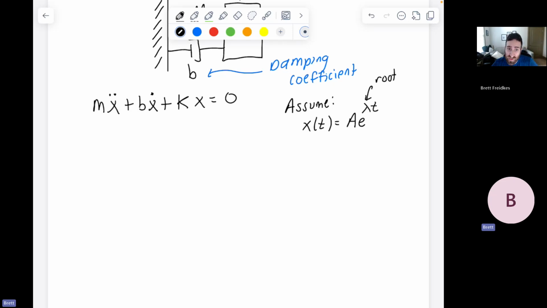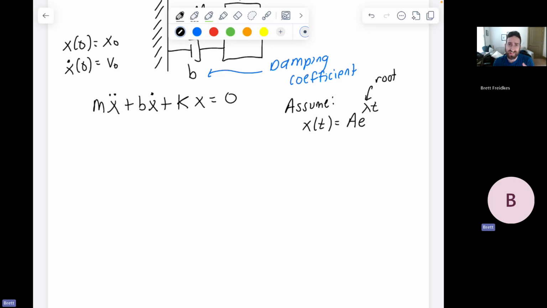And the A coefficients, there will be 2 of them ultimately, are determined by initial conditions. So if we know that the position at time equals 0 is x naught and the velocity at time equals 0 is v naught, we can end up finding out what those values of A are depending on the damping in the situation.